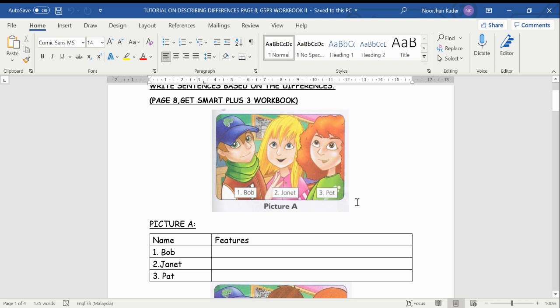So this is picture A. Let's see what features Bob, Janet, and Pat have. Let's look at number one, Bob. We can see that he has got green eyes. I don't know whether it's obvious, but if you look closer, he has got green eyes.